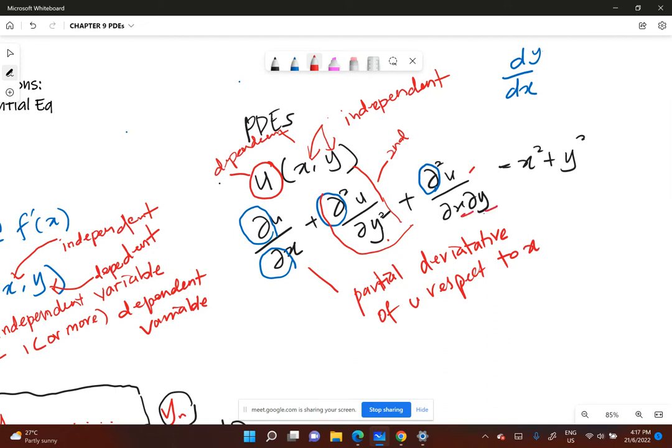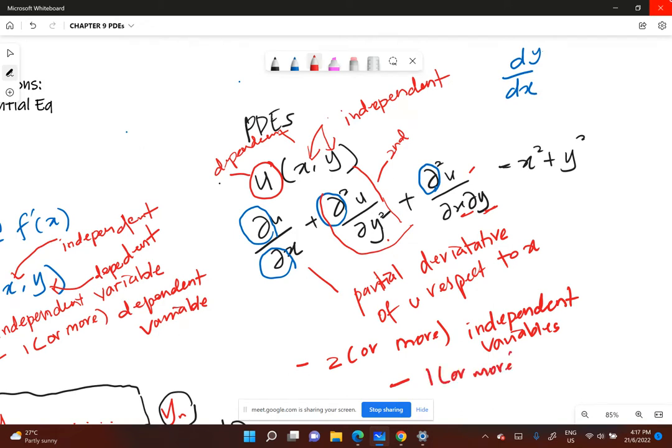See? It has two independent variables. So the PDE can have two or even more than two independent variables, and it can have one or even more dependent variables.